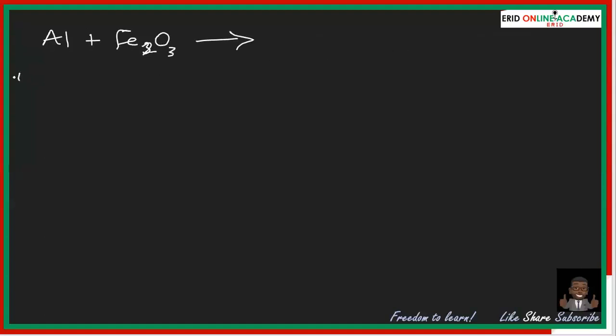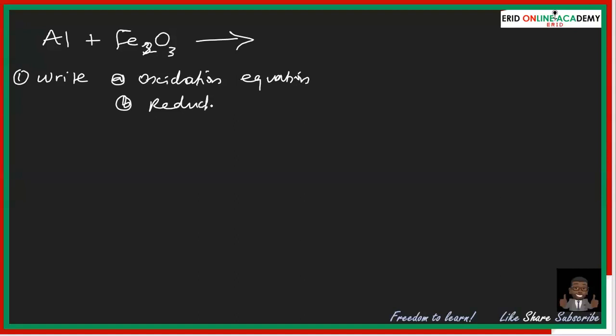Number one, write A, the oxidation half equation, and B, the reduction equation.